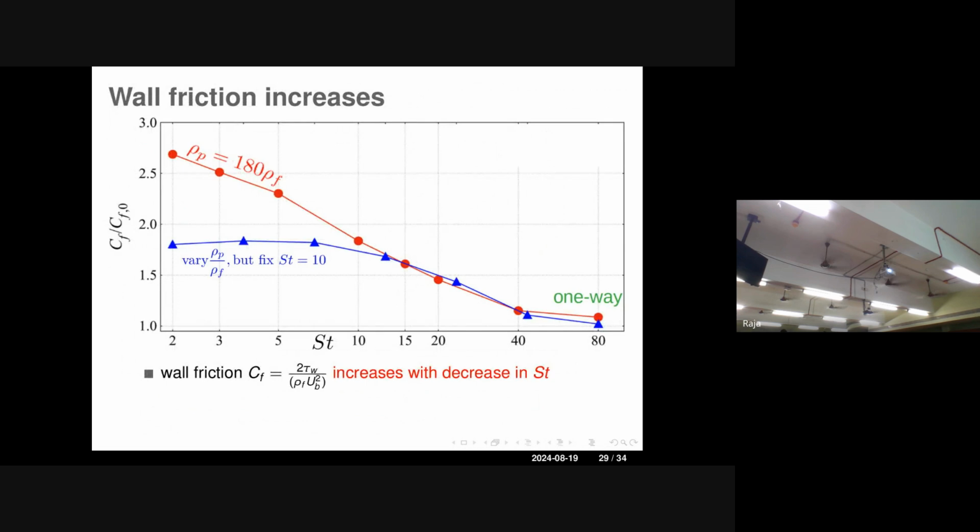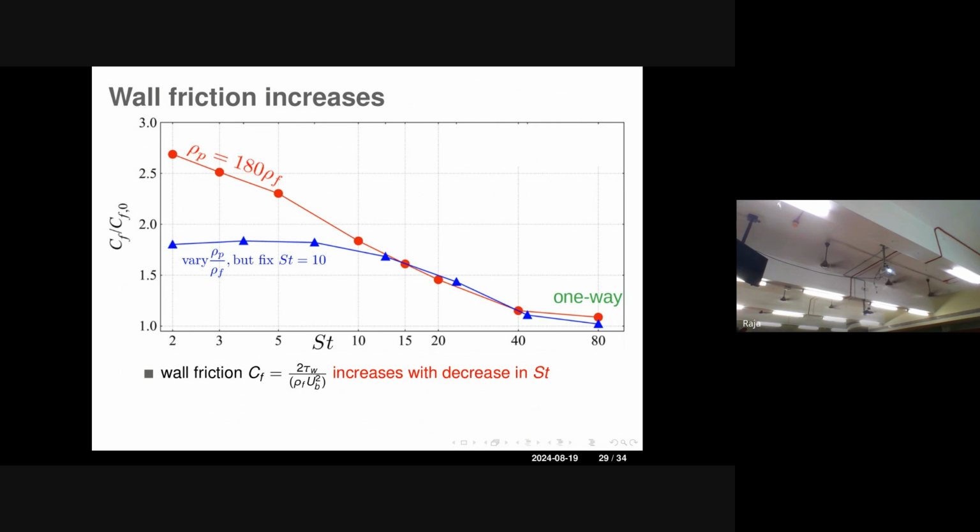Then lastly, we calculated the skin friction coefficient in the system, the overall frictional coefficient, as particle densities are changing. What will happen to the system? Possibly, at very high Stokes numbers in wall units, it typically behaves like a one-way coupled system.